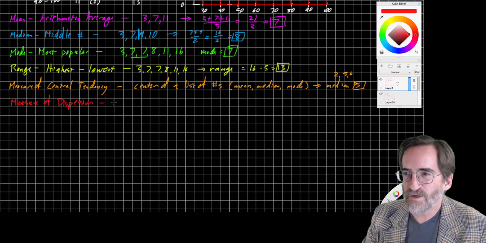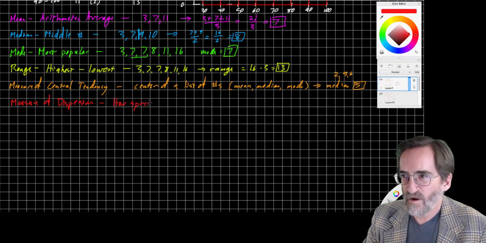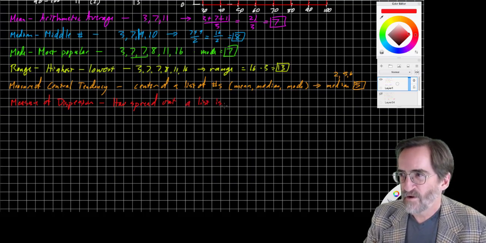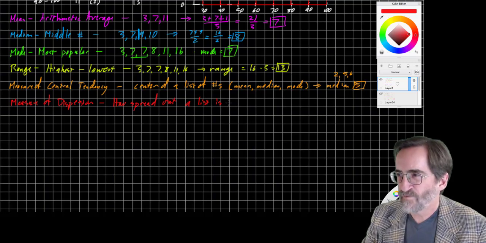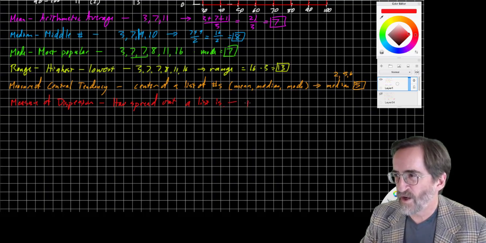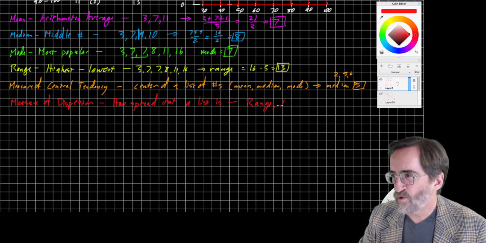It's a number that tells you how spread out a list is. Okay, examples. The range, or the interquartile range that you're going to learn about in this unit, or something called the standard deviation, which you're not going to learn about in this unit.